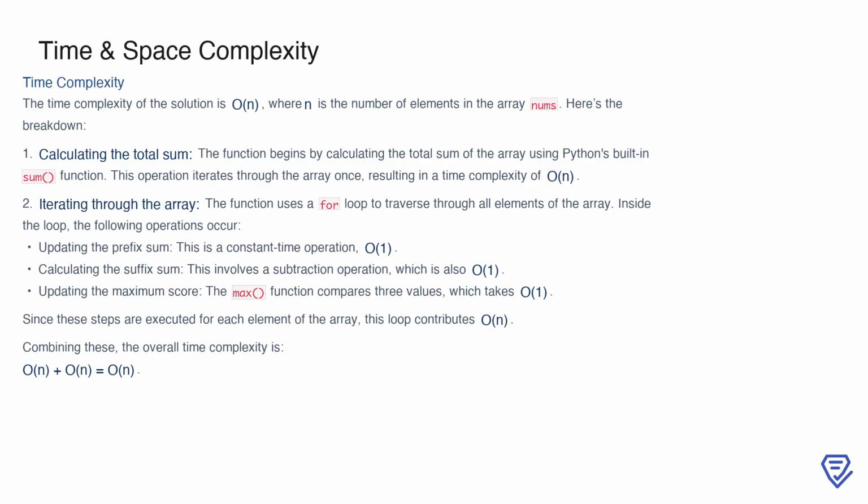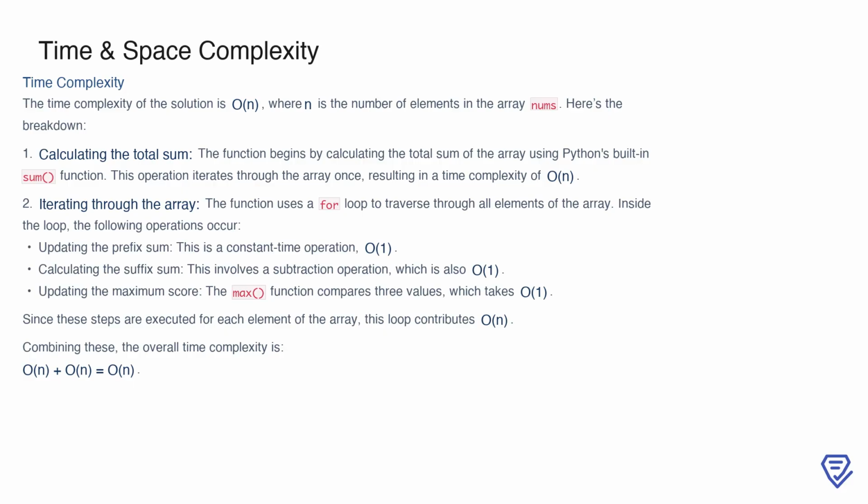First, the function calculates the total sum of the array using Python's built-in sum function. Since this operation requires iterating through the entire array, it contributes O(n) to the time complexity. Next, the function utilizes a for loop to traverse the array, during which multiple operations are performed.